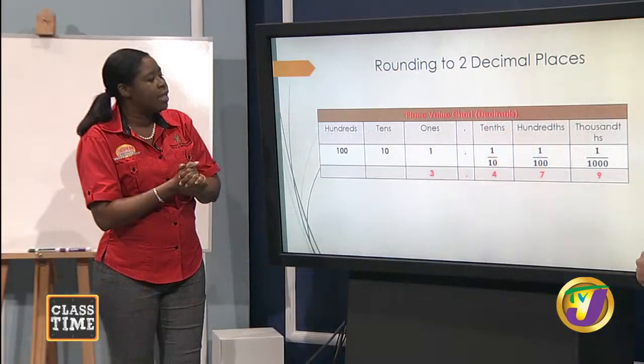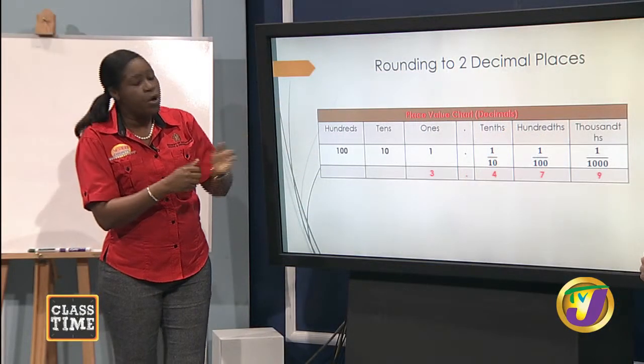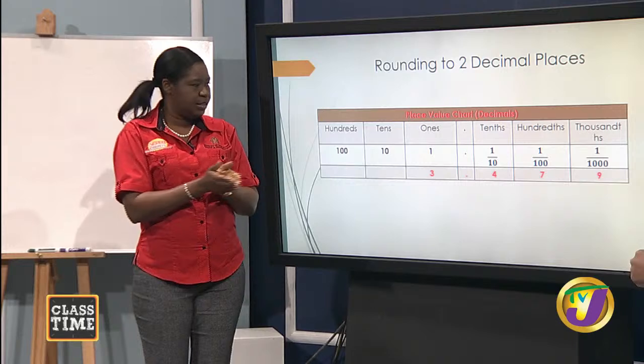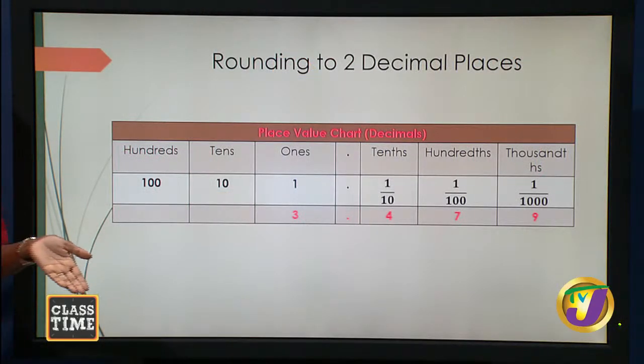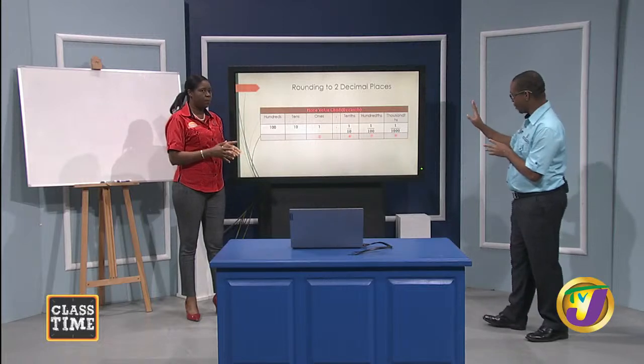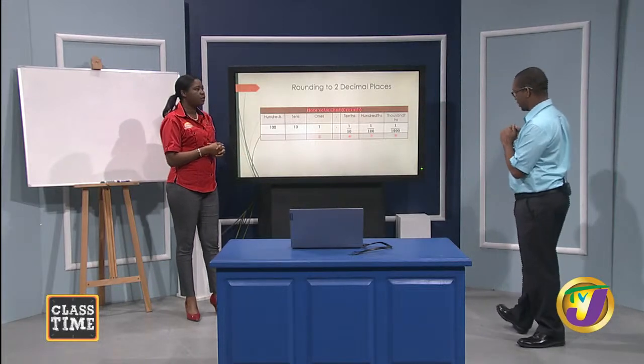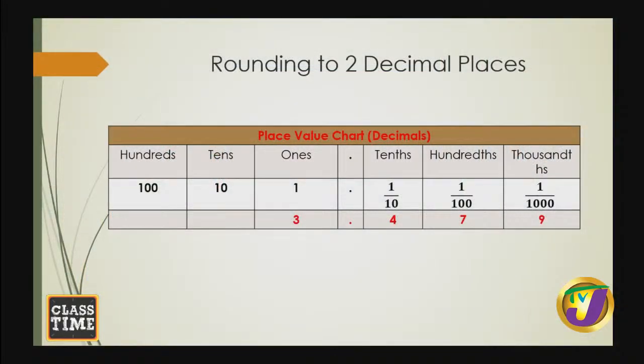All right. Seeing that we only want 2 decimal places for this number, what are we going to do with the 9? Are we just going to erase it, rub it out? I'm thinking, because you're saying that we only need 2 decimal places. Yes, but we were also talking about approximation, or estimation.